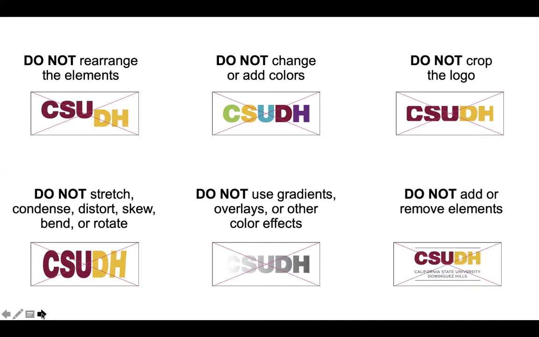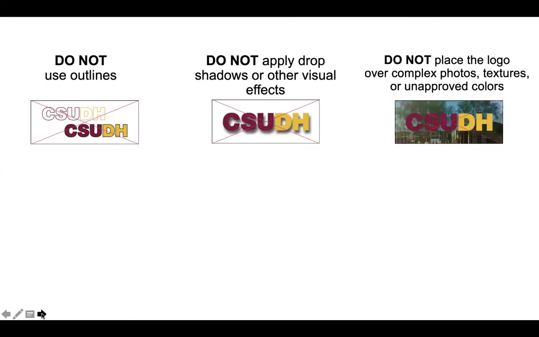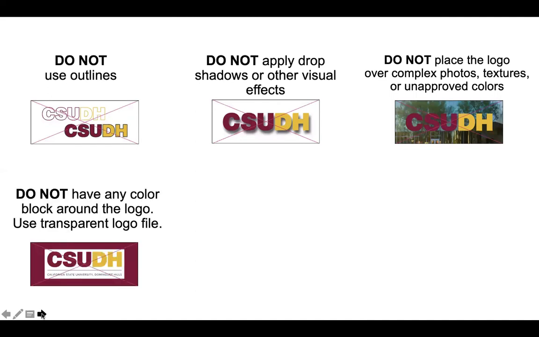So you can see in this one, there's a line on the top and the bottom. We don't want to do that. You don't want to outline it or add a stroke to it or add a drop shadow or other visual effects. You don't want to place it over complex photos, textures, or unapproved colors because once again, you can't see it. And we don't want to put the logo on a color block. To use a transparent logo file, you can see the white background on this.